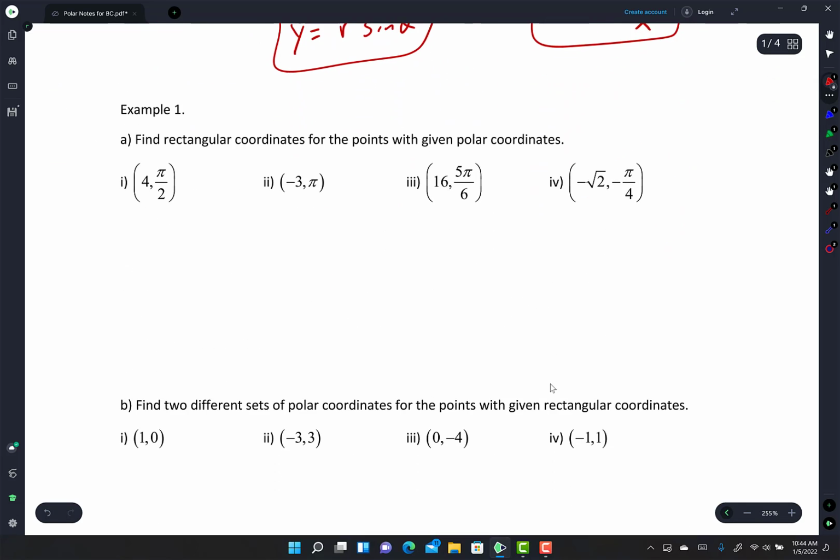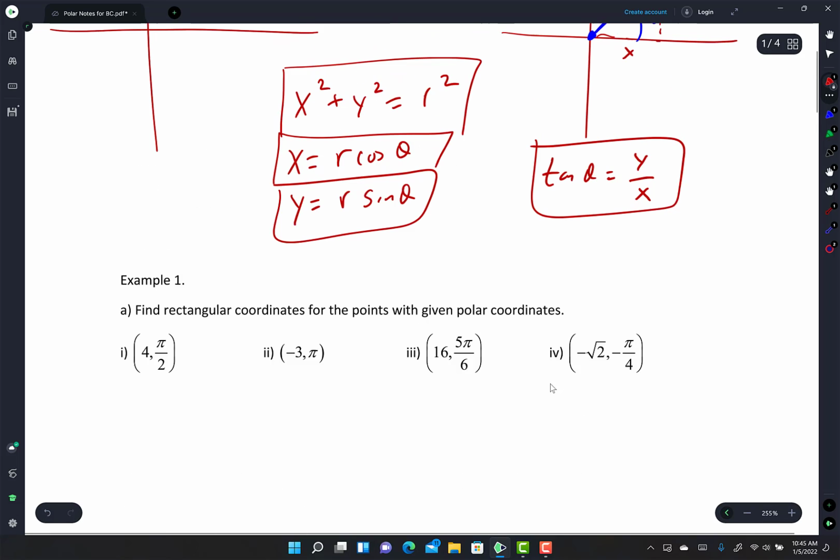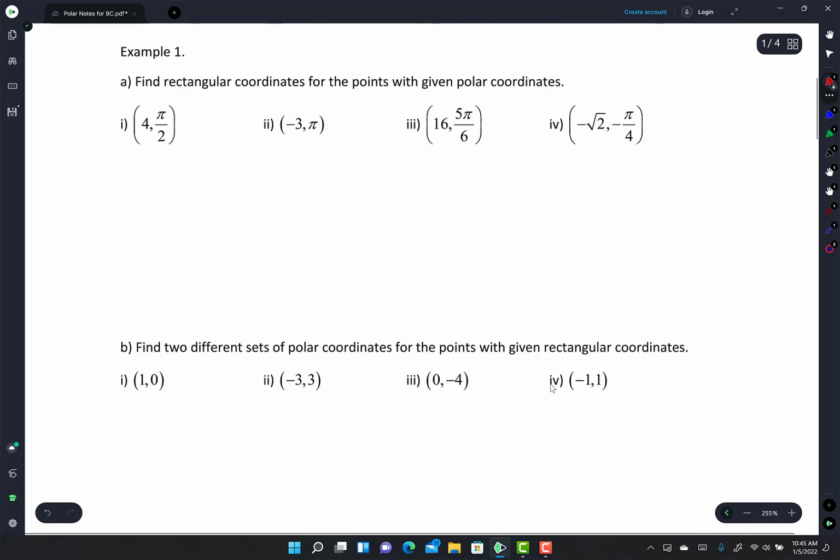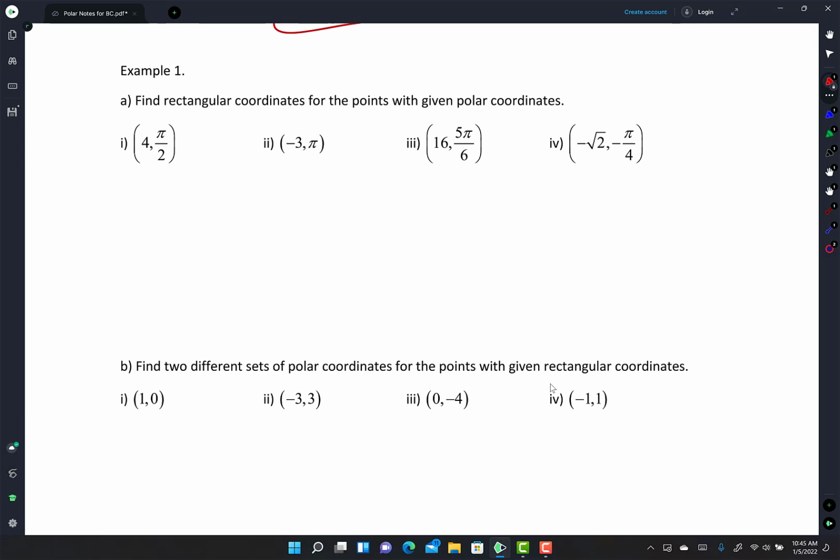All right, let's go to the next one, the example here. It says, find the rectangular coordinates for the points with the given polar coordinates. First let's do a visual. Oh, by the way, r can be negative. If r is negative, you just go backwards, quote unquote. This one says 4 comma pi over 2. So 4 comma pi over 2 is going to look like right here. Pi over 2, and the distance is from the origin up to here.